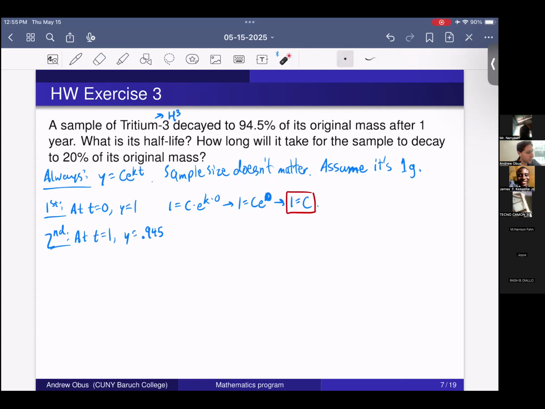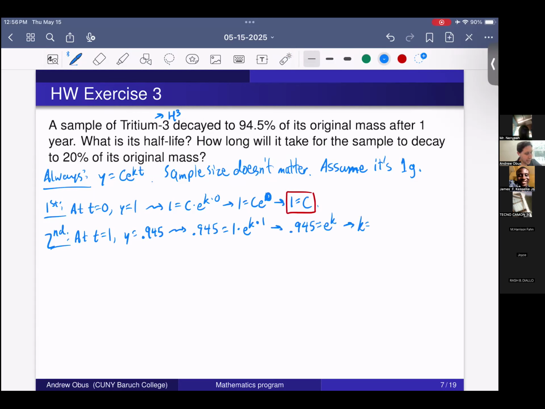That tells us 0.945 equals c, which is just 1, times e to the kt. Well, t in this case is 1 also. So this will be a pretty easy equation: 0.945 equals e to the k.